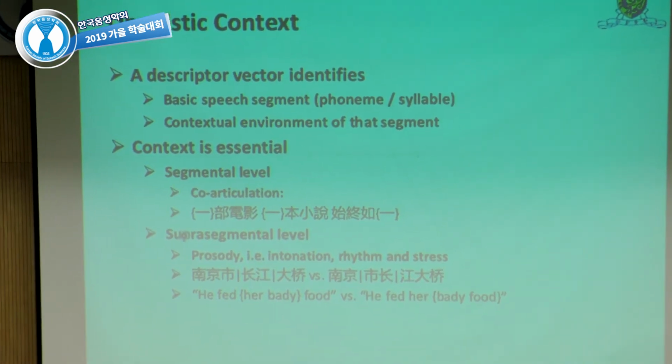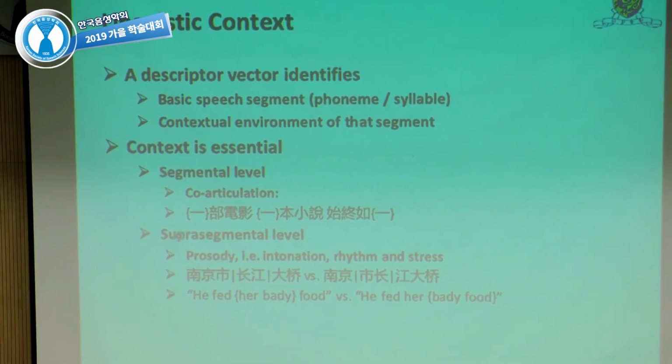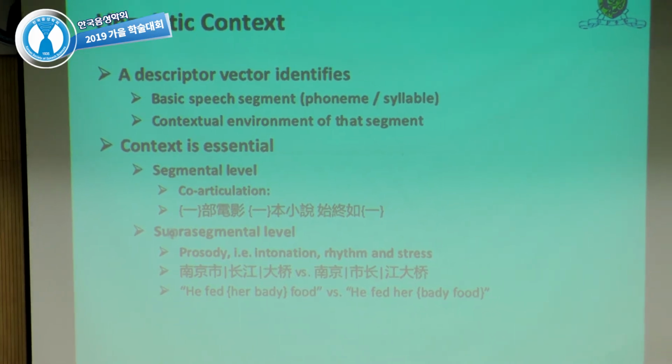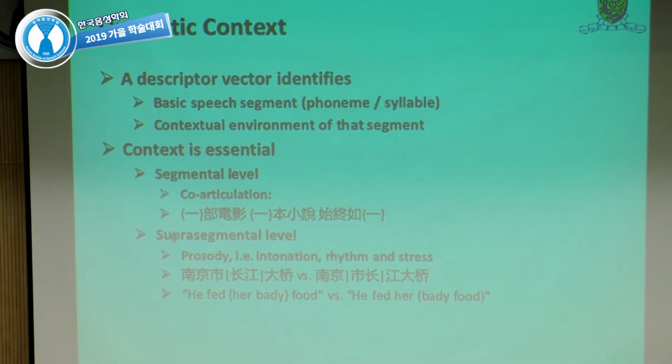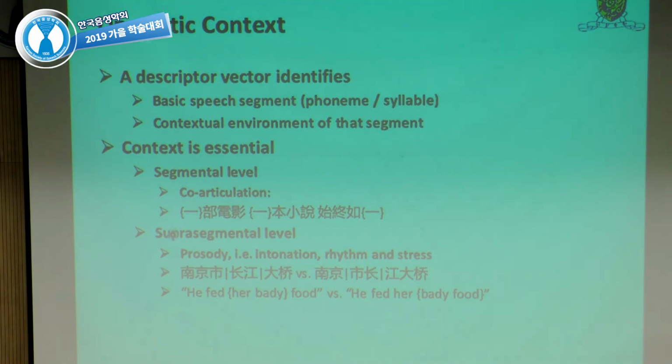So at this step, we need to generate a vector that can specify how the speech is like. We need to know the phoneme, that is the pronunciation. We need to know the prosody, and things like that.